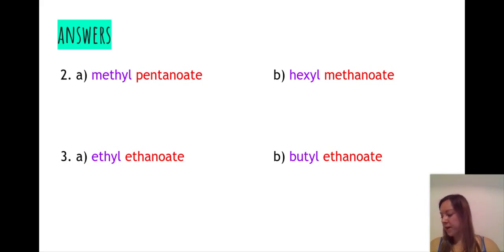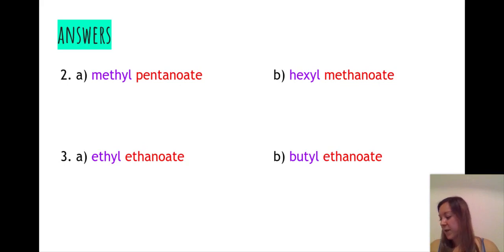3, we have diagrams to name from, so you will look at the diagram, look for the alcohol part, which is the part attached to the single O. For A, you have ethyl, and then your acid has 3 carbons, so it's ethyl propanoate and not ethanoate, as I have actually put in this PowerPoint. I'll need to fix that.